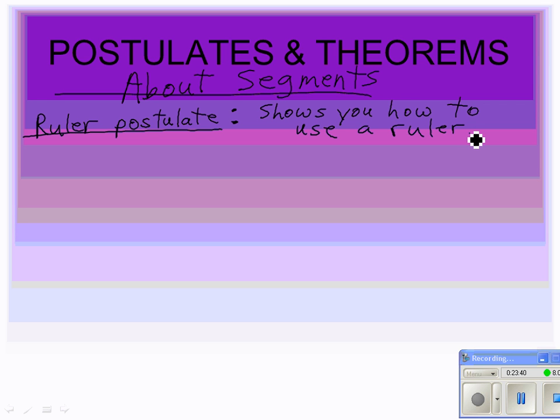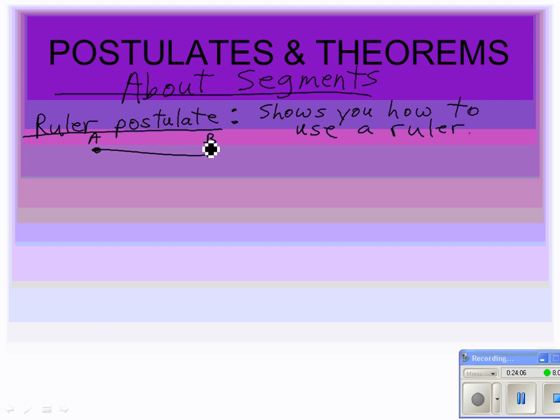I'm hoping all of you figured it out. All it does is this. It gives you a segment, maybe segment AB. It tells you if you take a ruler and I want to measure it, I don't do this. I don't do this. I don't do this. Knock my thing off the wall. All right? I do what with my ruler? Put the end on it.